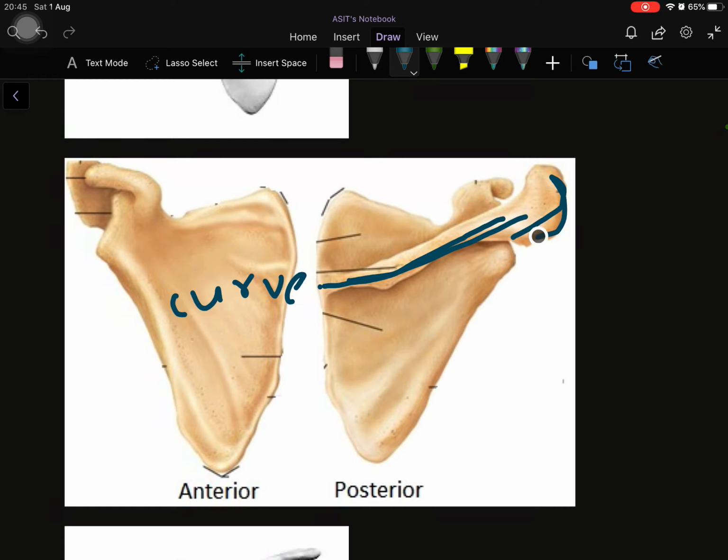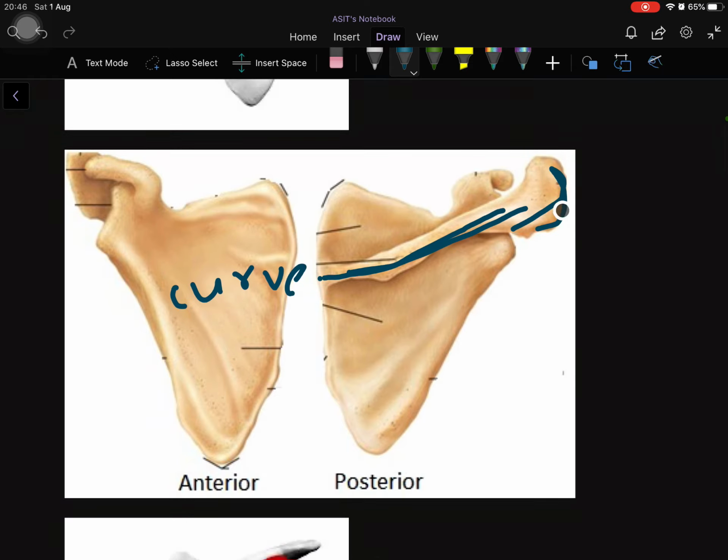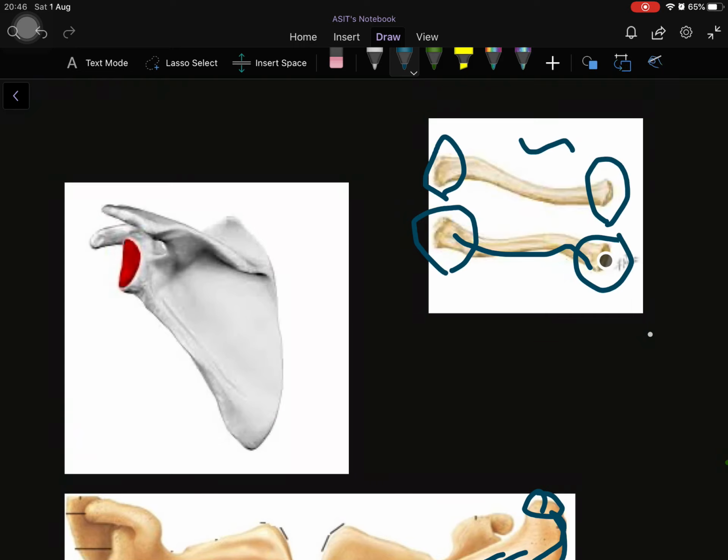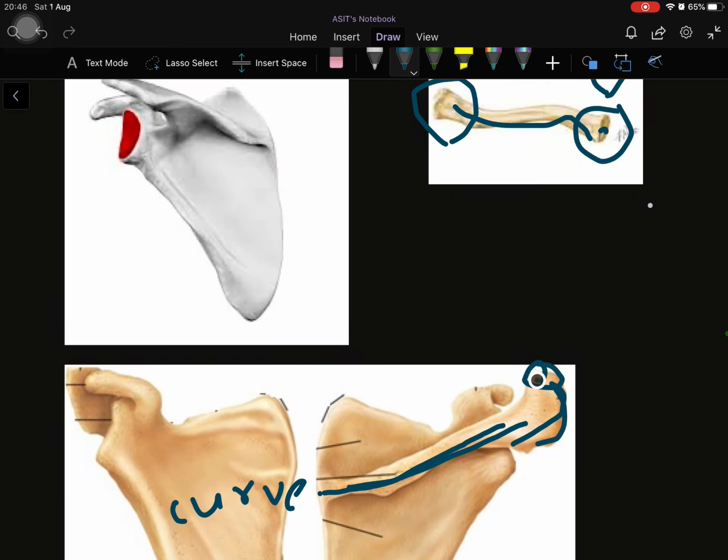This is called the acromion. This is the region where the small head of the clavicle will be joined.